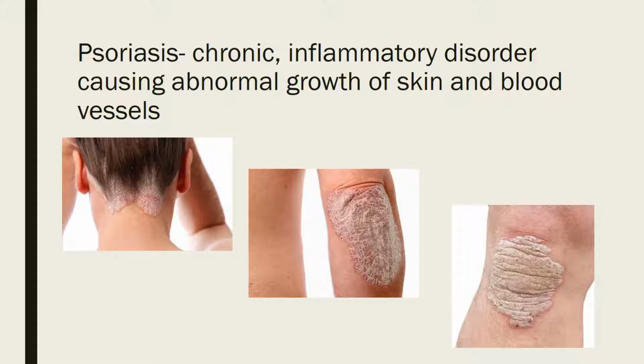It's characterized by remission and exacerbations. Exacerbations can be caused by infections or winter weather, certain drugs such as beta blockers or lithium, and even stress has been attributed to it. Obesity and alcoholism have been attributed to it as well.